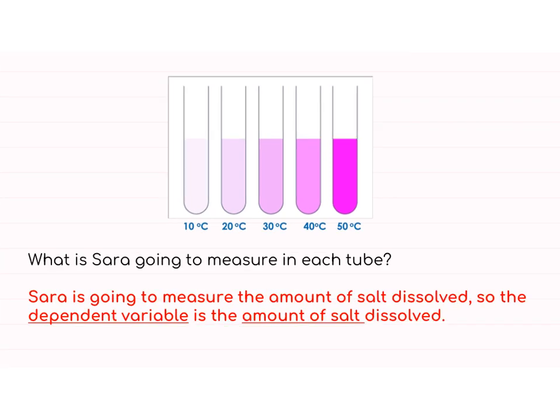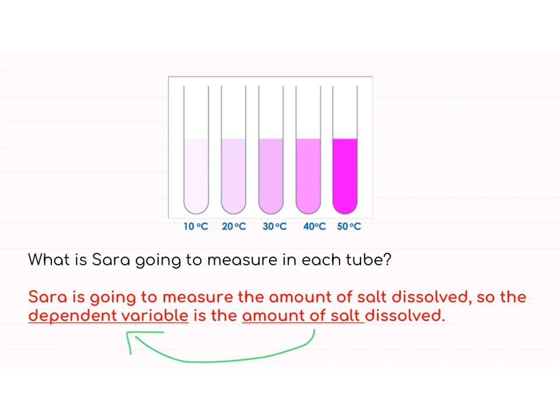So what is Sarah going to measure in each tube? Initially, Sarah was setting different tubes on different temperatures, and she was trying to measure the amount of salt dissolved in each tube. So Sarah was measuring the amount of salt dissolved. For this reason, we call the amount of salt dissolved the dependent variable.